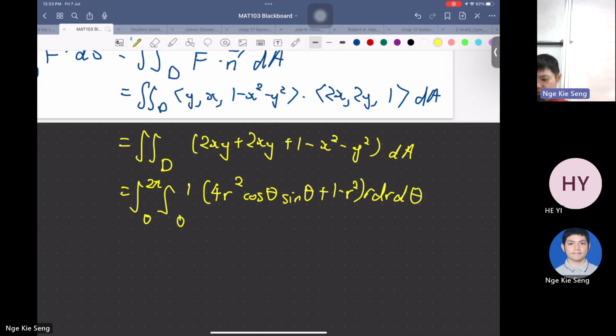You expand everything, simplify, and then integrate.